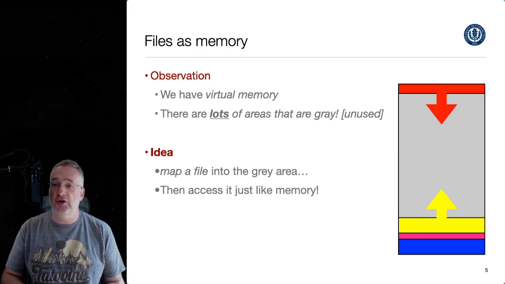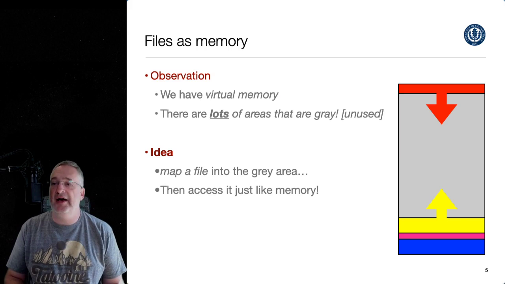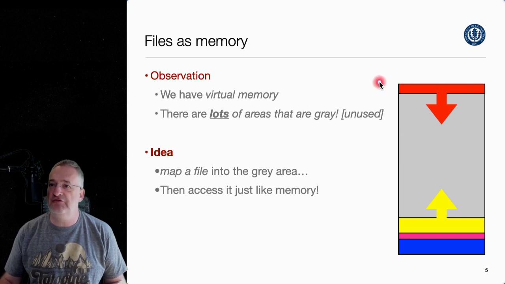Now, if you recall what an address space looks like, it's this picture that we see here on this side. An address space is a fairly big block of memory where we find the code down at the bottom, if you recall, the static variables right above it, the heap, which grows upward, and then the stack that grows downward.